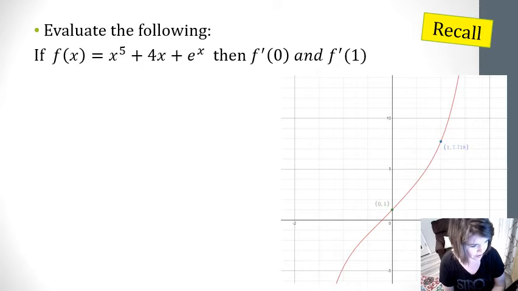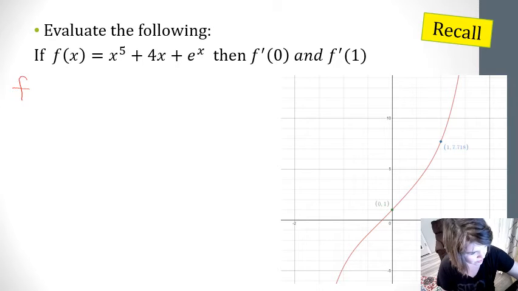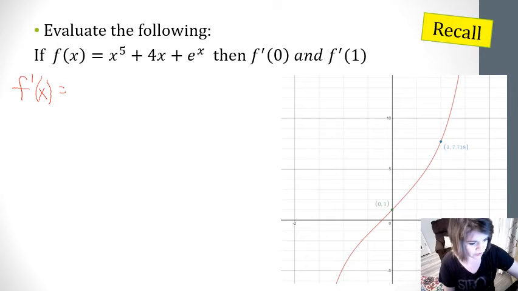All right, so the problem says if the function f of x is x to the fifth plus 4x plus e to the x, then find f prime of 0 and f prime of 1. So first we have to find the derivative, which is the slope of the tangent line. With the power rule, x to the fifth, we bring the power down, so it's 5x to the fourth, the lower power being minus 1.